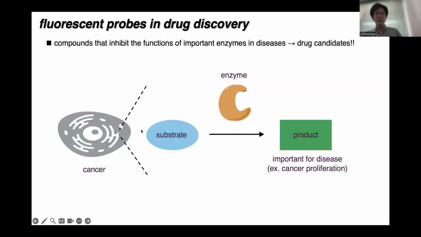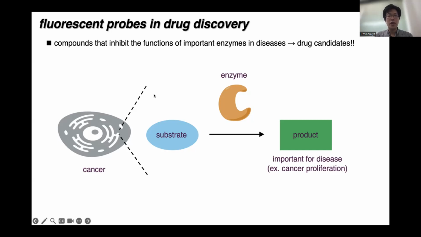Now you can understand the importance of fluorescent probes and how they are used in research. I also want to introduce an example of using fluorescent probes, especially in drug discovery. As I mentioned, cancer expresses specific enzymes.